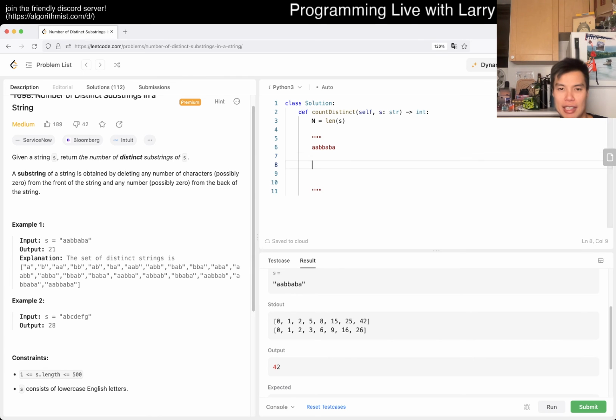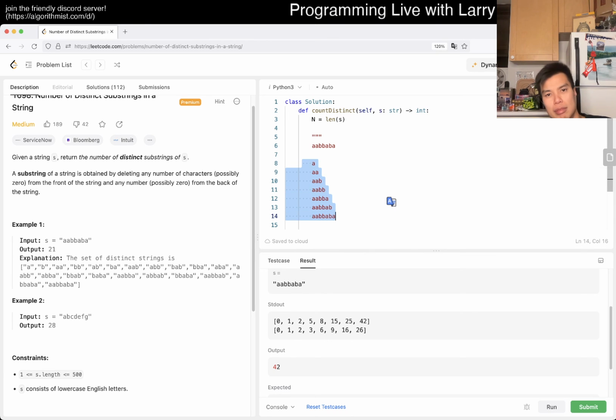But yeah, okay, so let's say we have A, and then we have AA, and this is just from the beginning, right? So now we have 7. Let's say we remove this. Then what does that mean?